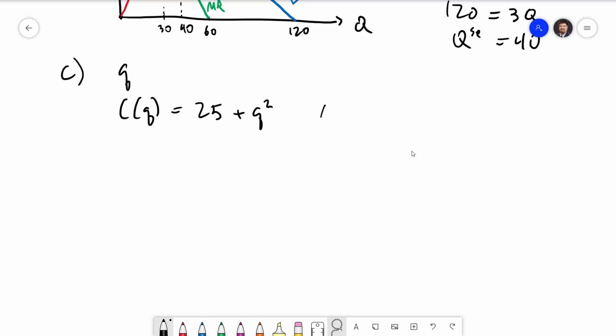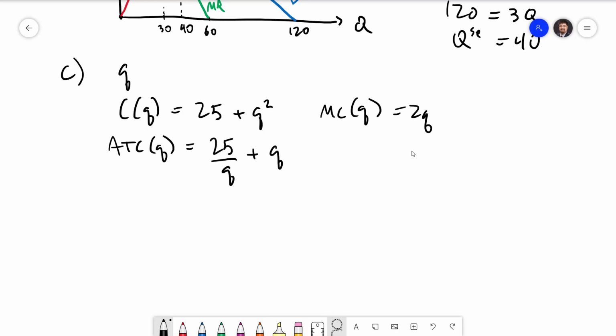We know from before the marginal cost is 2q, but now we need to know the average total cost by dividing the cost function by q. So we're going to get 25 over q plus q. The long-run equilibrium happens at the quantity where average total cost equals marginal cost. So we're going to take 25 over q plus q equals 2q.